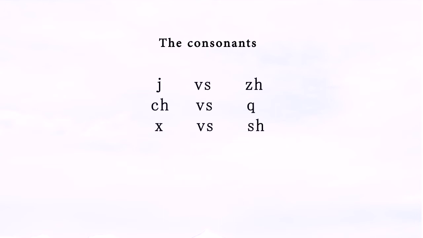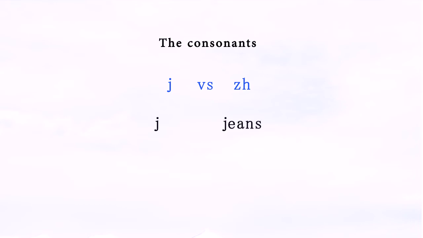Now, we are going to compare two similar sounding letters. J versus ZH. Those two sounds are very close. However, the J is followed by the vowel I most of the time, and it has a soft sound of J, like the J in jeans.